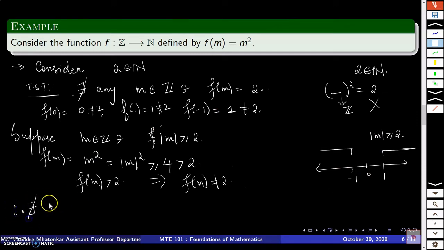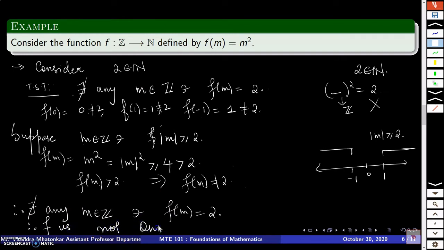So therefore there does not exist any integer m in Z such that f of m is equal to 2. That means the point 2 in the codomain, that is the set of natural numbers, does not have any preimage, right? And therefore the function f is not an onto function, right? So this function f defined from Z to N, defined by this, is not an onto function.